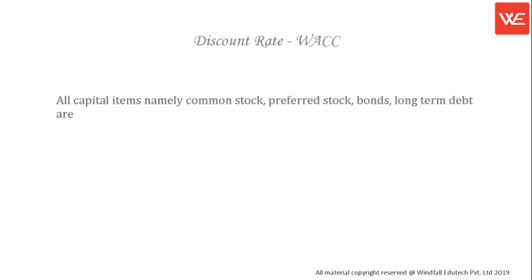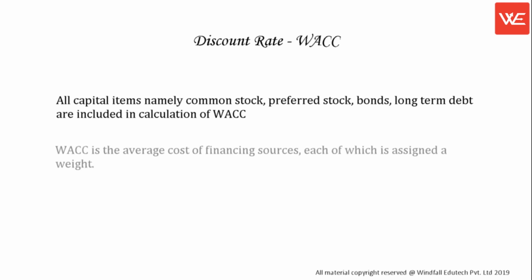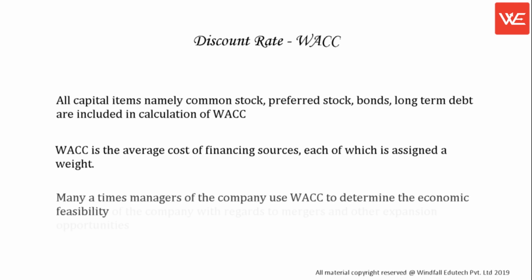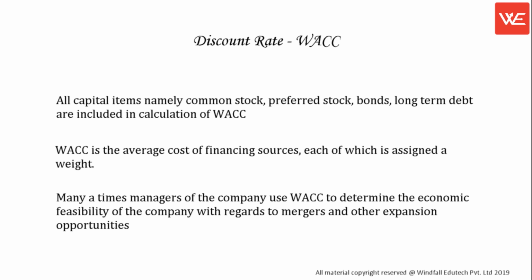All capital items, namely common stock, preferred stock, bonds and long-term debt, are included in the calculation of WACC. WACC is the average cost of financing sources, each of which is assigned a weight. Many times managers of the company use WACC to determine the economic feasibility of mergers and other expansion opportunities.